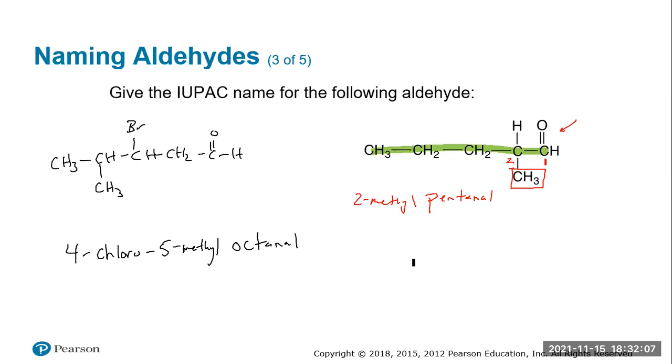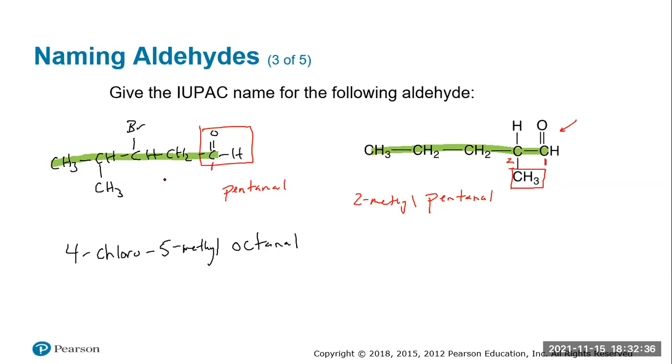Same idea on the next one. Here we're going to go 1, 2, 3, 4, 5. We could have also gone 1, 2, 3, 4, 5 the other way, and they're both the same. So as we've talked about previously, if you have that option, why not just go with the straight one straight across? We again see our aldehyde group right there, and that was 5 again. So the base of our name here is going to be pentanal.